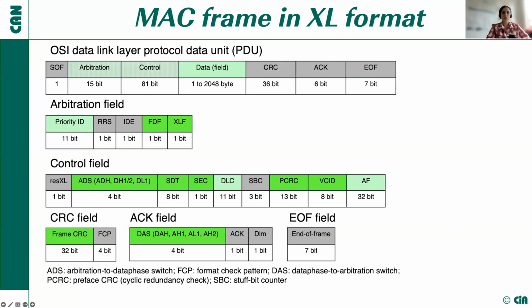Now let's have an in-detailed view on the MAC frame in CAN XL format. Here we see the OSI data link layer PDU with the new changed fields in comparison to CAN-CC and CAN-FD.